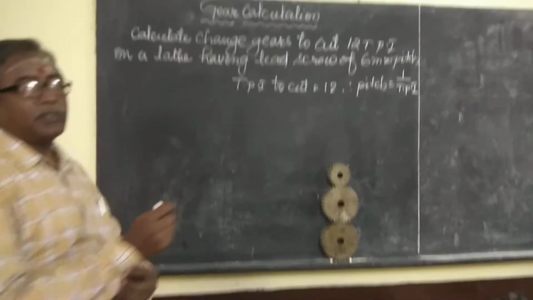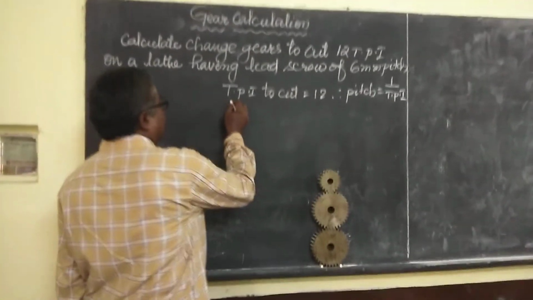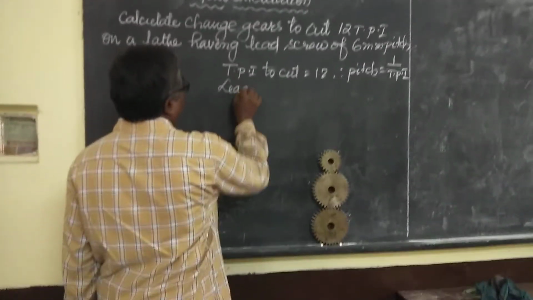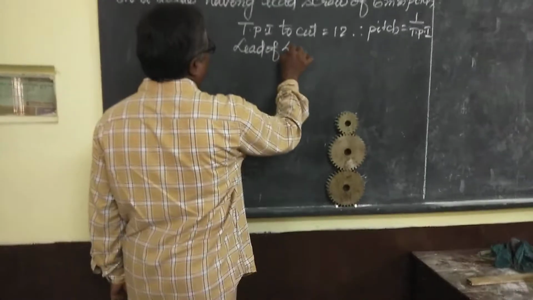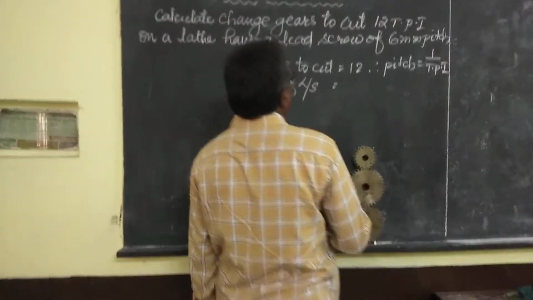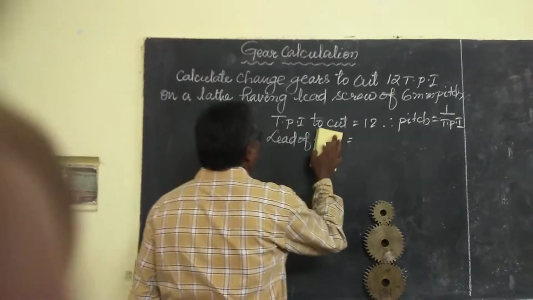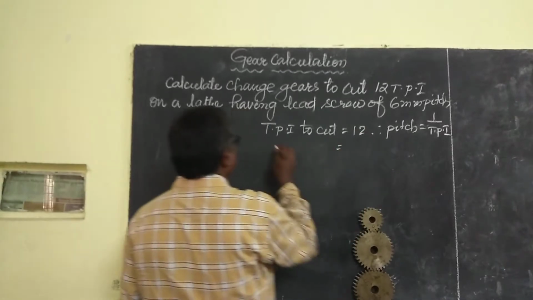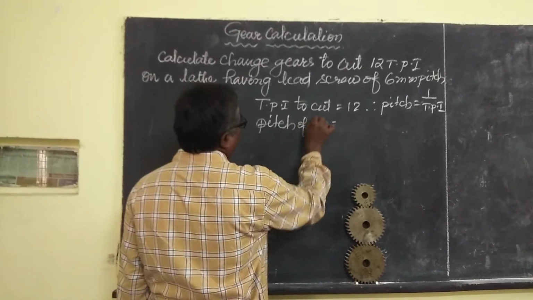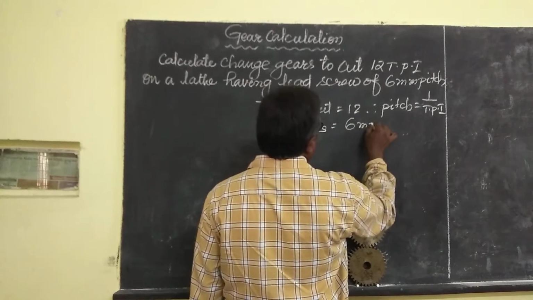Then the lead screw pitch, the pitch of the lead screw, is given. The pitch of the lead screw is 6 mm.